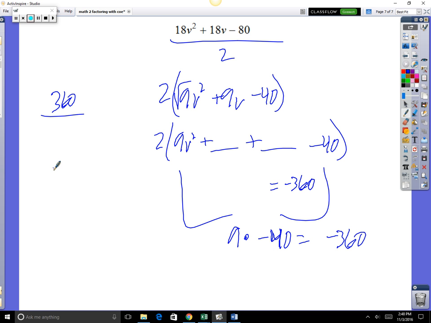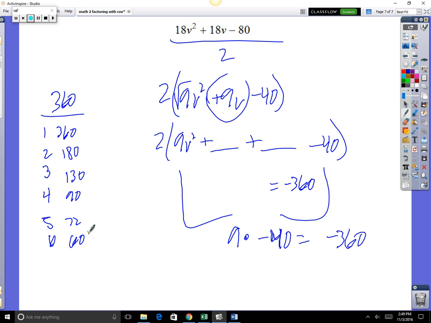If you start making a list of the factors of 360, we're trying to find the one that's going to add and give you 9. 1 and 360. 2 and 180. 3 and 120. 360 has a ton of factors. 4 and 90. 360 divided by 5, 5 and 72. 6 and 60. 8 and 45. None of these are even going to give me close to 9.